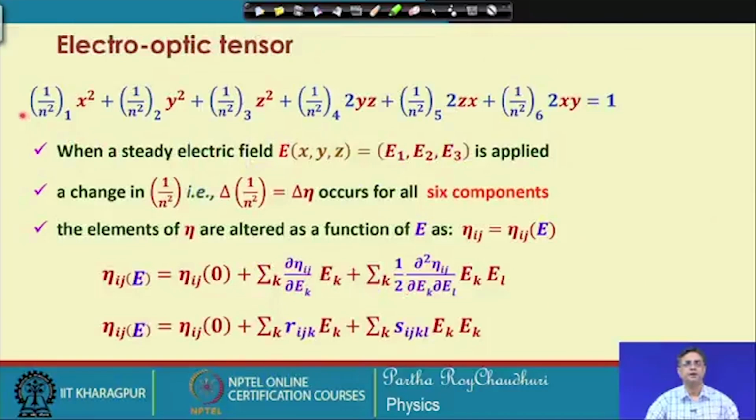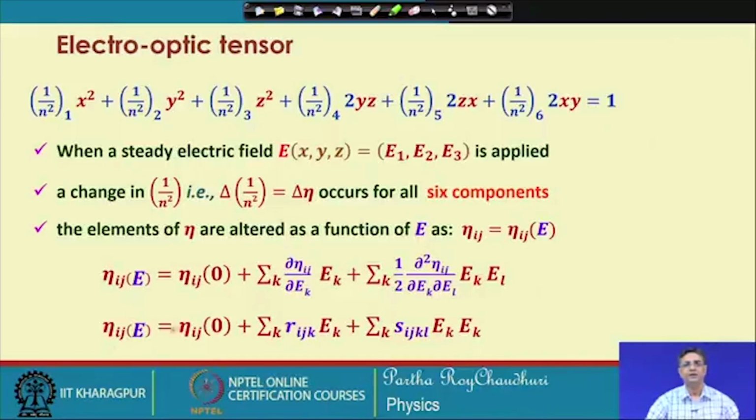Now, when a steady electric field E1, E2, E3 is applied, a change in this, that is delta n, occurs for all 6 components, and then we can write the impermeability as the impermeability with no field and then some additional terms.